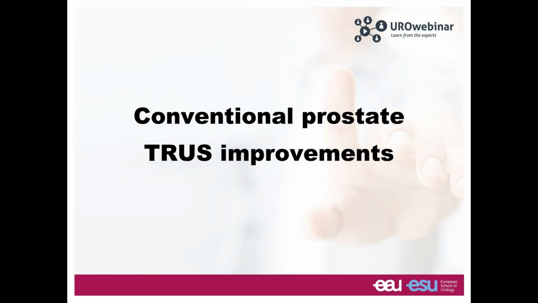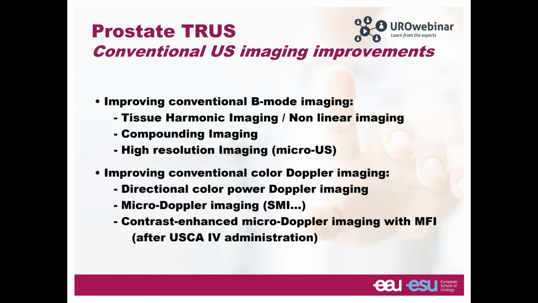So let's see the conventional prostate transrectal ultrasound improvements that you can benefit from. Improving conventional B-mode imaging has been the task of many ultrasound companies, including tissue harmonic imaging and nonlinear imaging, compounding imaging, and high-resolution micro-ultrasound imaging.